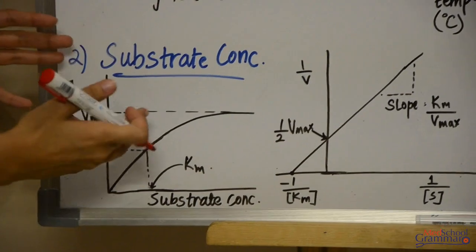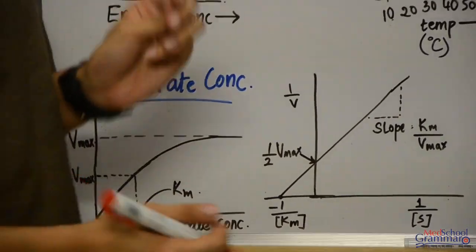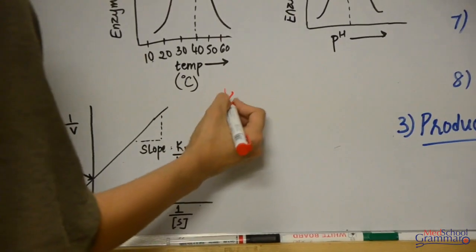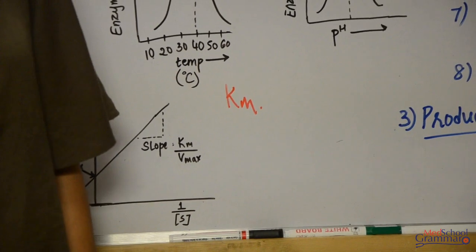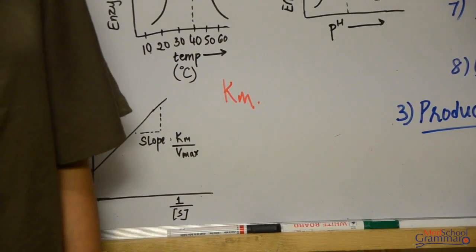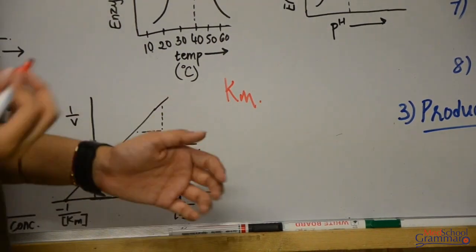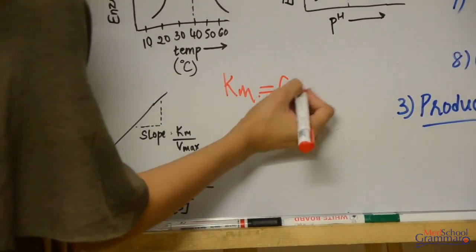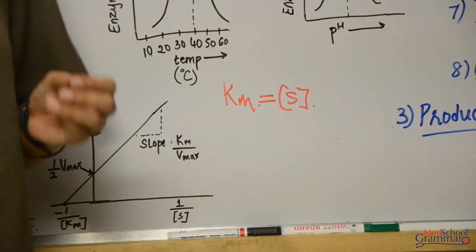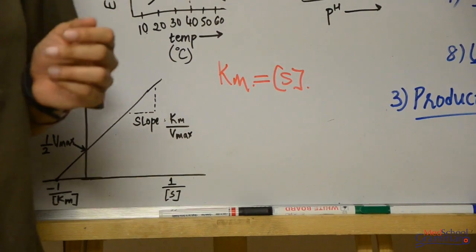Now, before we start with the graphs explaining substrate concentration, there is a term that you must understand. That is Km. What is Km? Km stands for Michaelis-Menten constant, also called Briggs-Haldane constant, right? Km is the concentration of the substrate at which the reaction reaches half of the maximum velocity, okay?